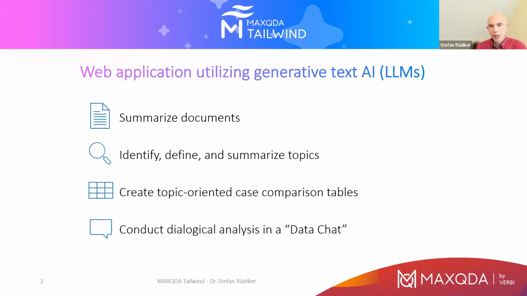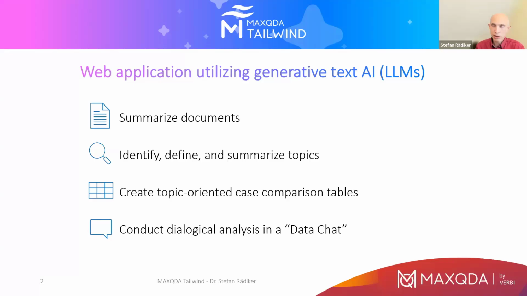MAXQDA Tailwind also offers you a dialogical analysis in what we call a data chat. But the chatting metaphor is sometimes a little bit short, because it's more analysis than simply chatting in an informal conversation. MAXQDA Tailwind is a web application that works without coding.